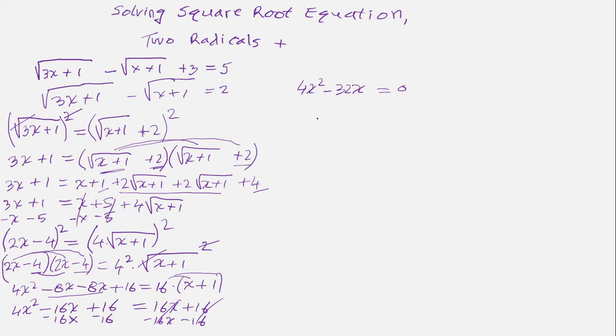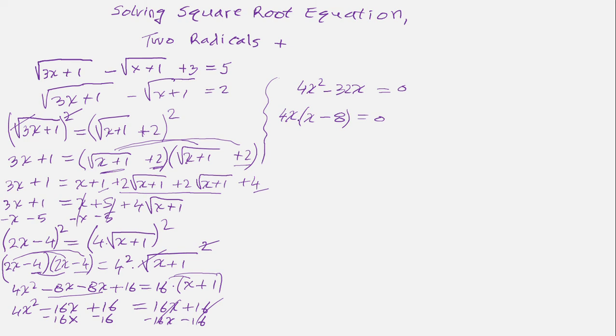Okay, now you could use the quadratic formula here to solve this, but this actually factors pretty nicely. So let's just factor. 4x squared and negative 32x have 4 in common, meaning 4x in common. So we take that out, and then we still have x minus 8 inside the two terms.